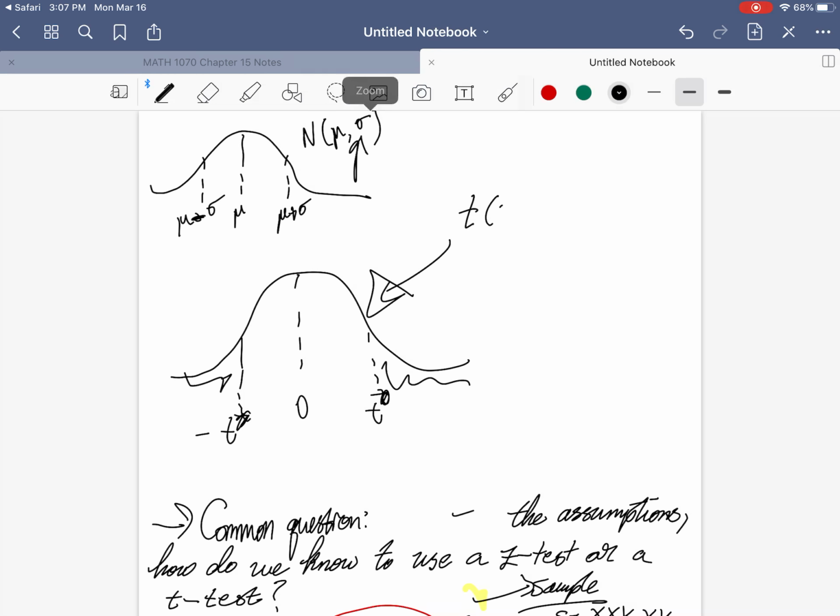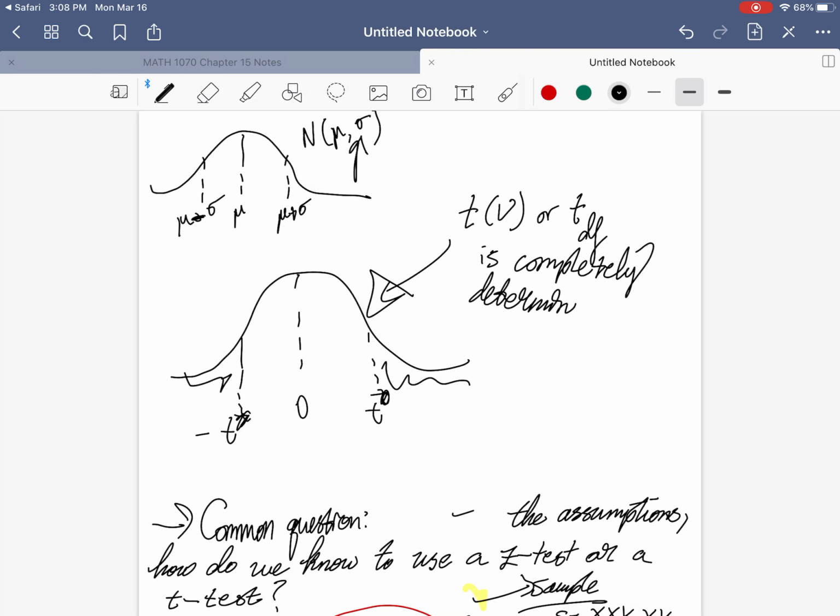T of nu, okay, it's a fancy v, or t of the degrees of freedom, is completely determined by its degrees of freedom.